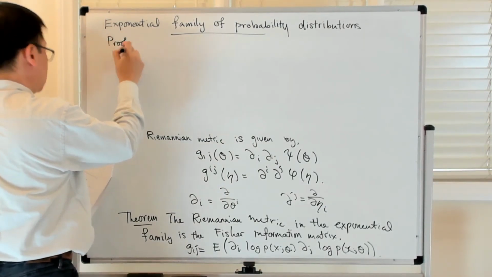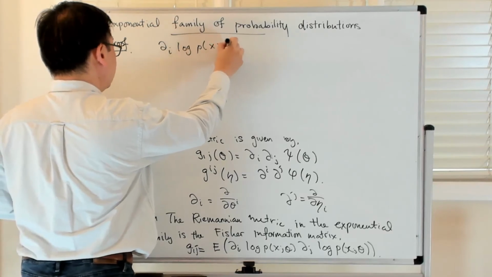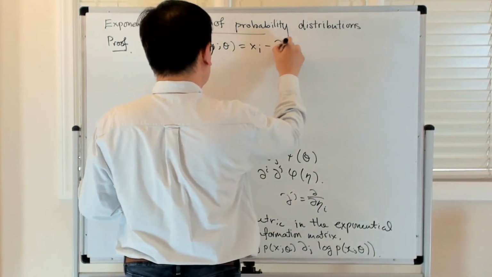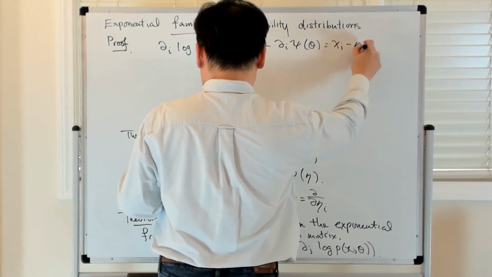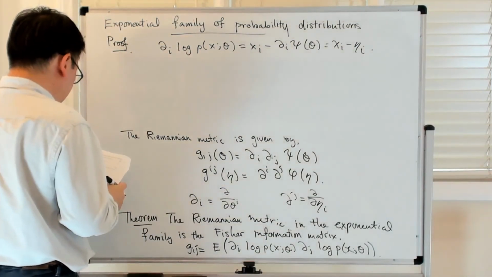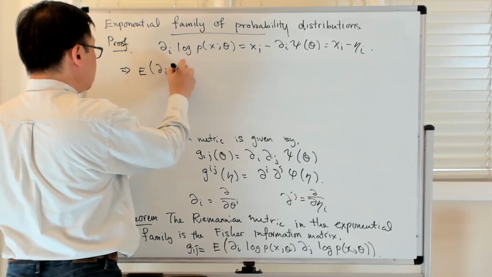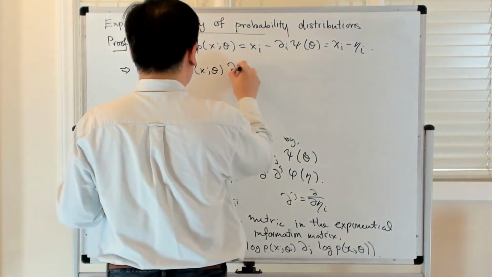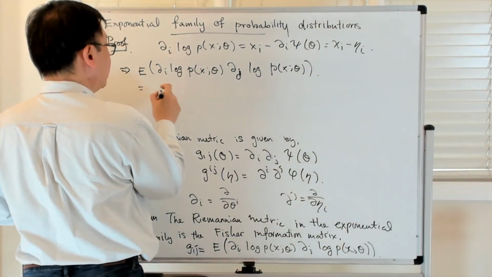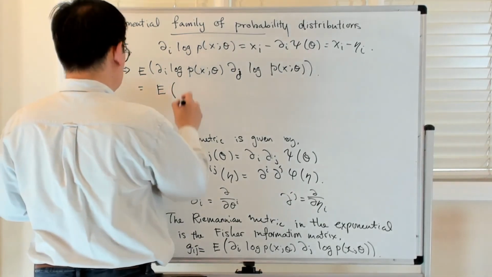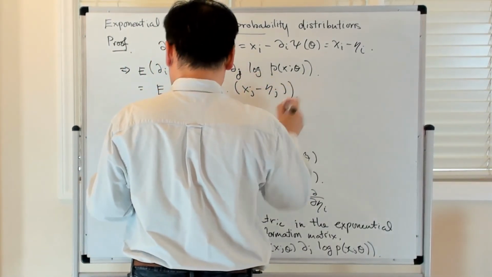The proof is as follows. We know that the partial with respect to i of log p(x, theta) is equal to x_i minus d_i of phi(theta), which is x_i minus eta_i. Given that, the expectation of this is nothing more than the expectation of (x_i minus eta_i) times (x_j minus eta_j).